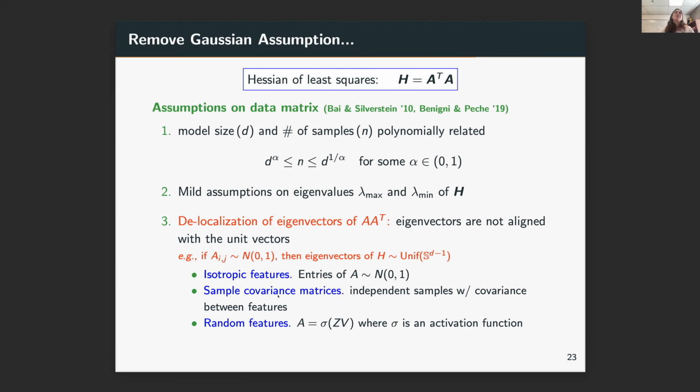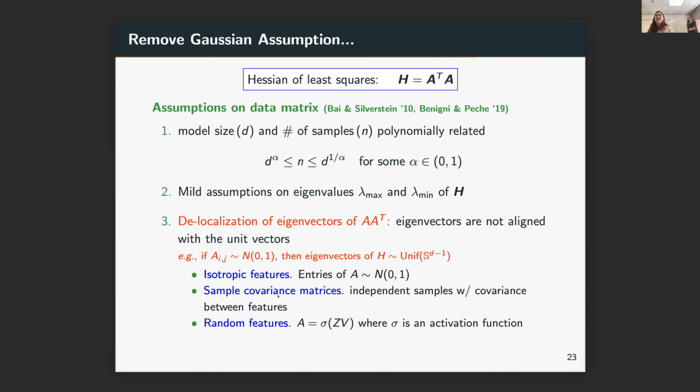You might have said, well, I had this Gaussian assumption on my previous data. Can you remove that Gaussian assumption? And here you actually can, quite easily. One way of removing it is that in reality, you only need something called delocalization of the eigenvectors of A transpose A. What does this mean?